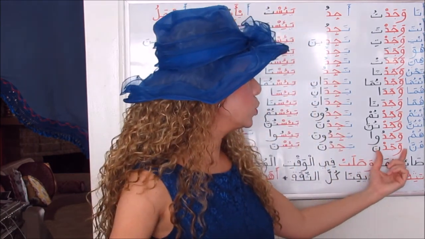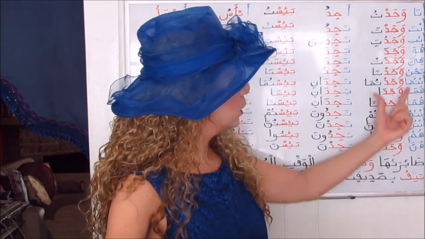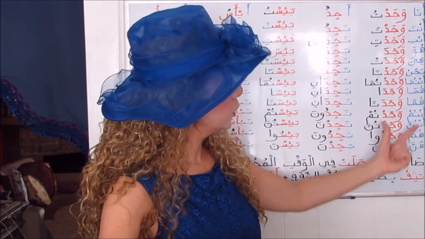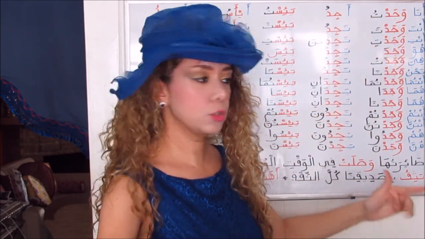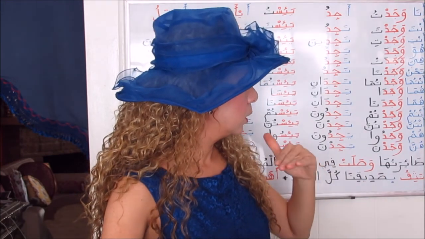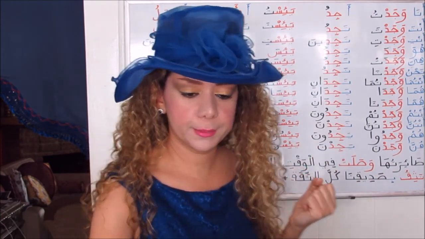So this is the stem consisting of the three radicals. They are intact. You can find them all over the conjugations. Alright, there is no dropping or alteration or change in form, nothing. They stay all together.